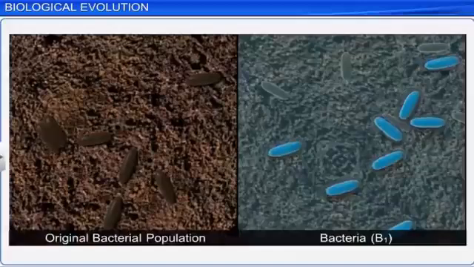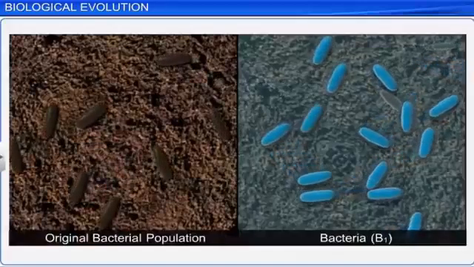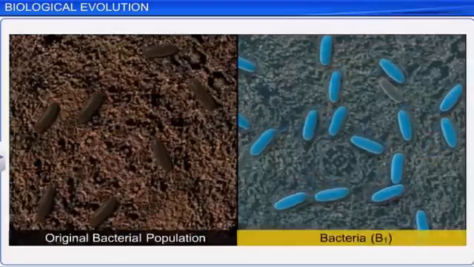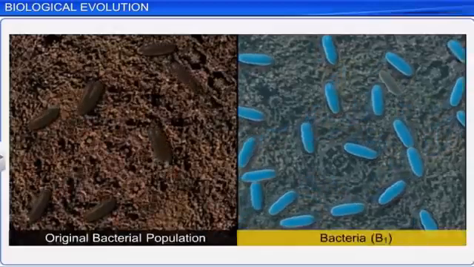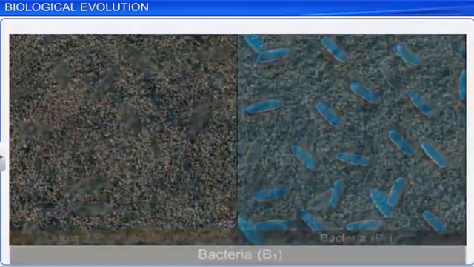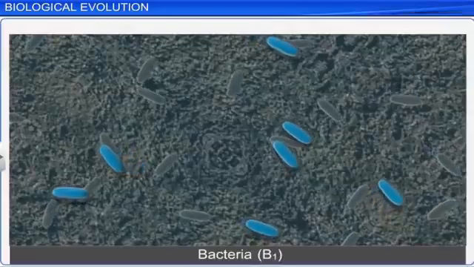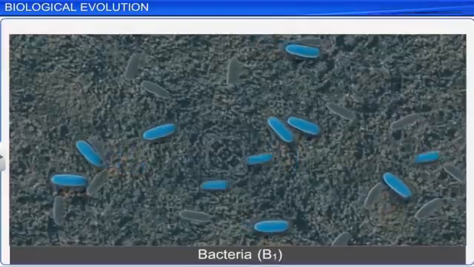For example, in the case of the bacteria, the variant bacterial population B1 had greater fitness to adapt itself to the new environment than the original bacterial colony. This ability to adapt itself lies in the genes of an organism and is inherited.